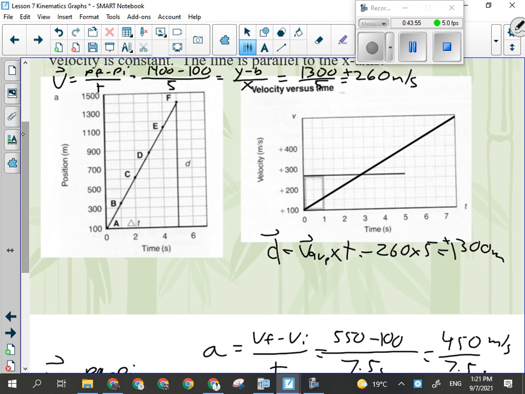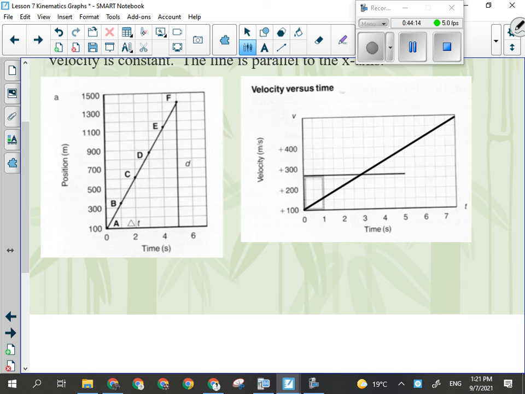What's the displacement of the object with the slanted line? No? No, not yet. Yeah, we got to calculate it. Okay. I wasn't expecting anybody to just have it off the top of their head. All right, so we said you can calculate displacement from this graph by taking average velocity and multiplying by time.